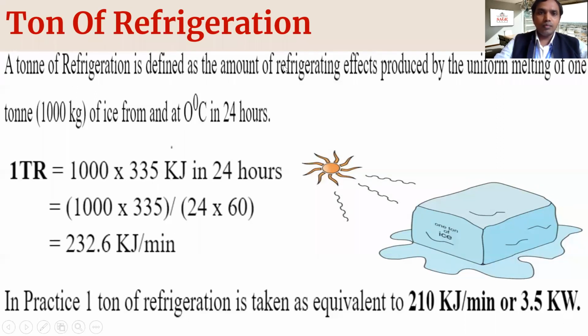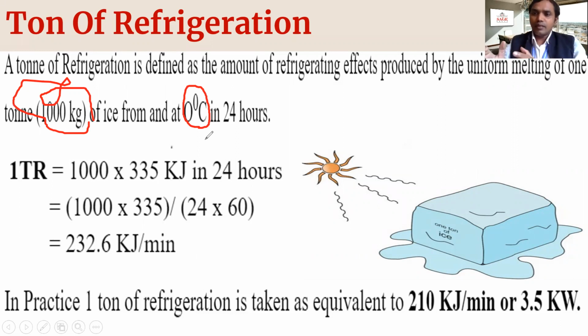Now, this is very important: 1 ton, 1000 kg, and 0 degree centigrade temperature. It means the effect produced by 1000 kg of ice at 0 degree centigrade melting to water at 0 degree centigrade.